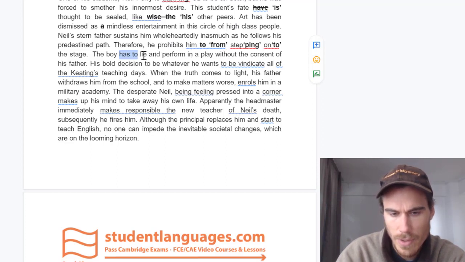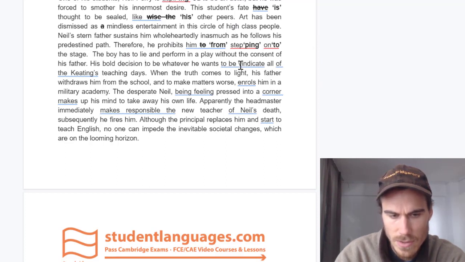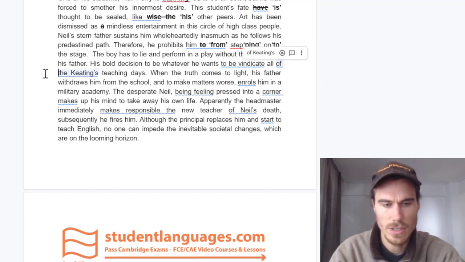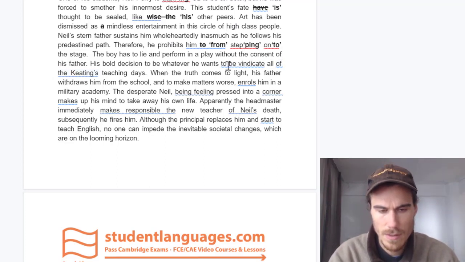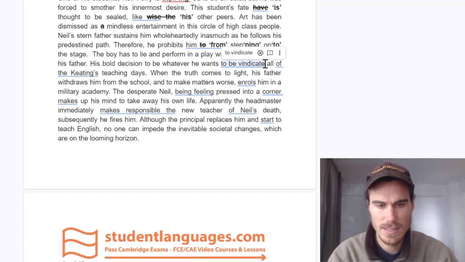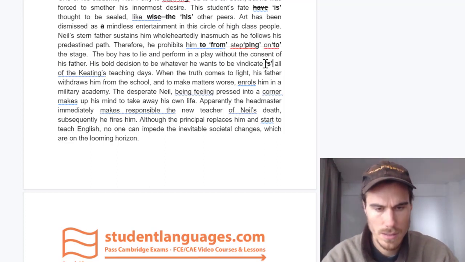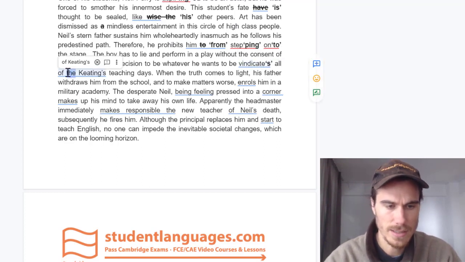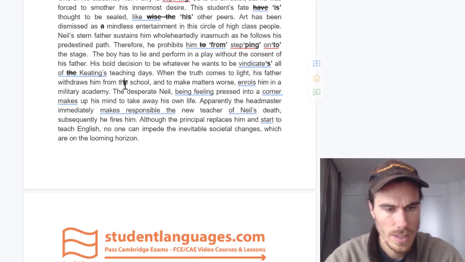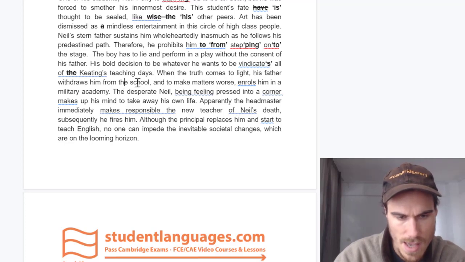His bold decision to be whatever he wants to be vindicates all of Keating's teaching days. Because it's one lie that vindicates all of Keating's teaching days.